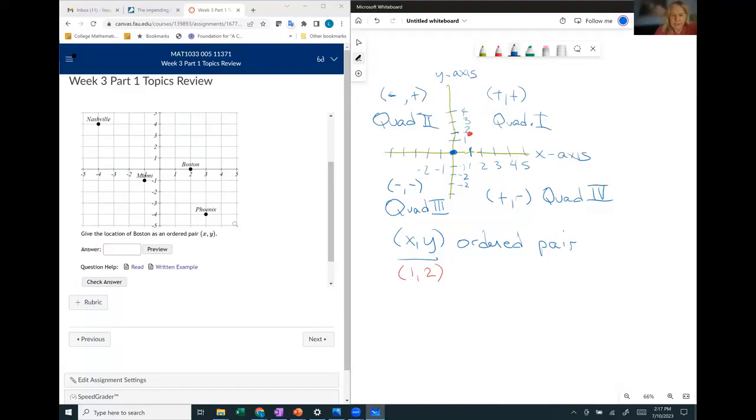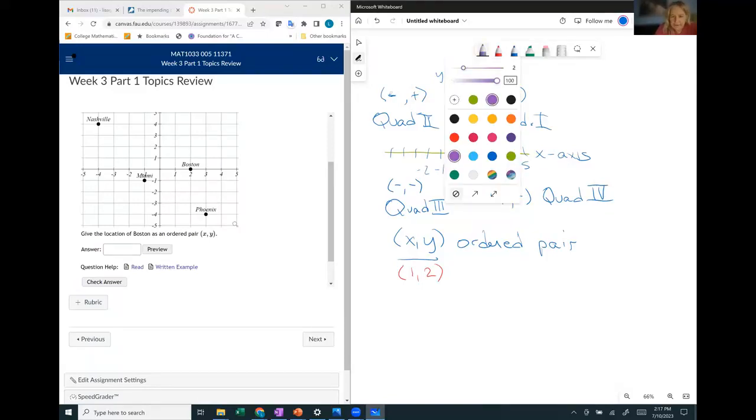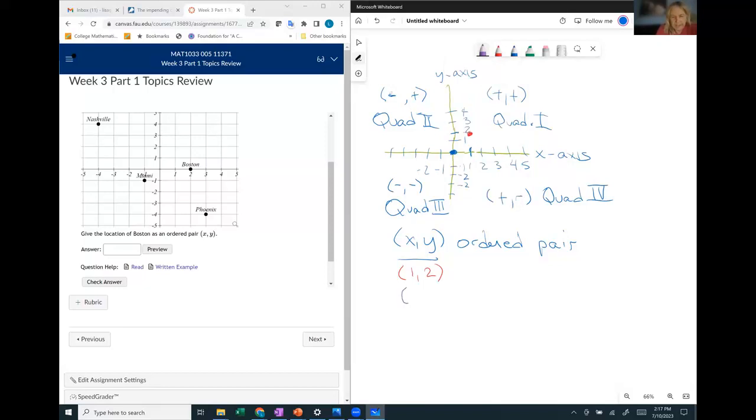If I wanted to plot a point like -2, -3, I would go -2 in this direction, and then -3: 1, 2, 3.